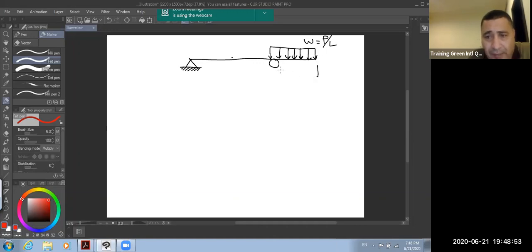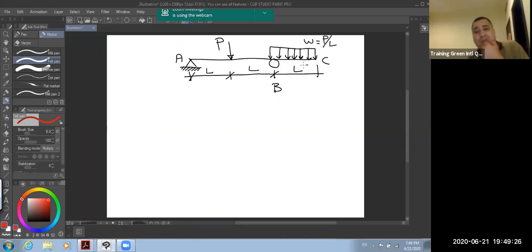And you have L, L, L, and a concentrated load here equal to P. A, B, C. This is okay. Let us draw the free body diagram. Here is the free body diagram.